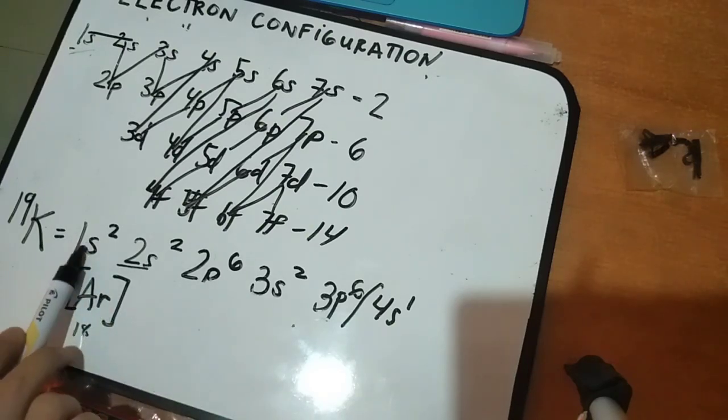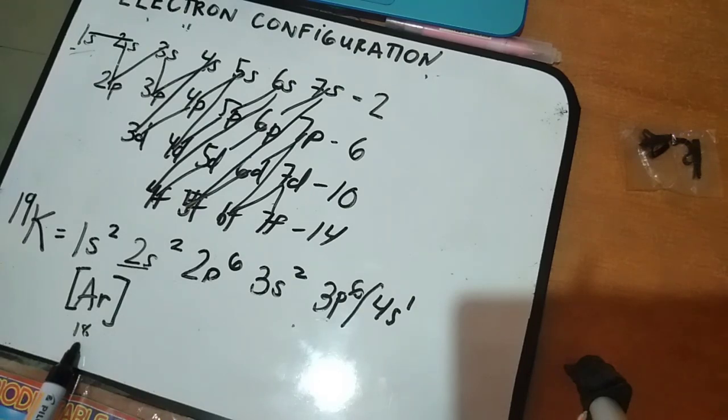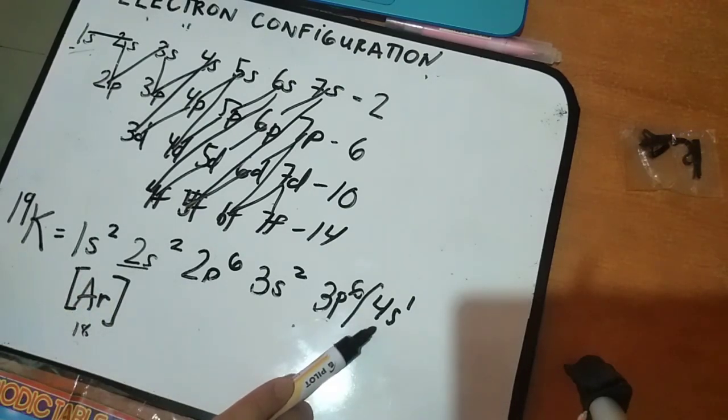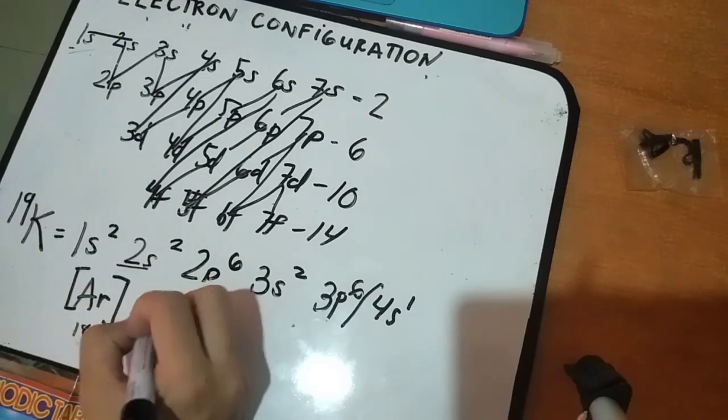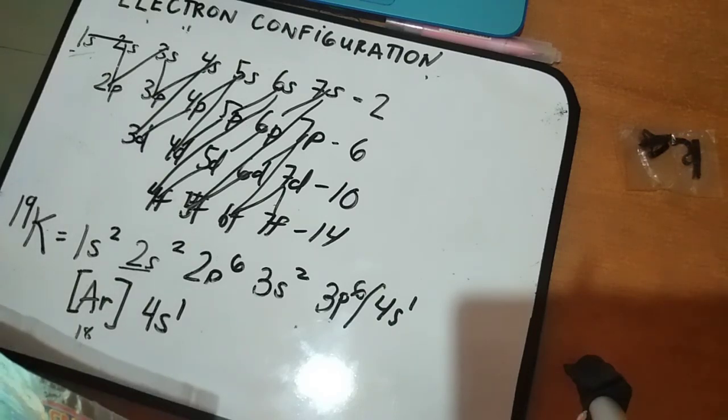So, since 1s2, 2s2, 2p6, 3s2, 3p6 would be the electron configuration of this one, ano na lang natitira? Diba? 4s1. So, this is how you call the shorthand configuration, or what you call the noble gas configuration. You would just simply look at the last noble gas before the element. Okay?